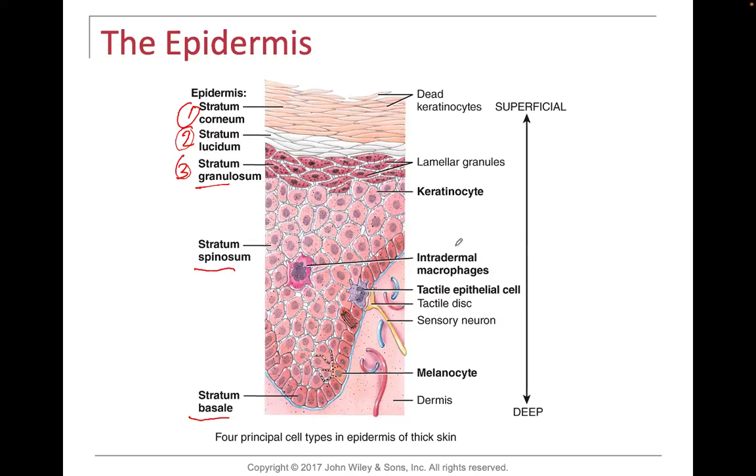You can see there's a variety of other types of cells throughout those layers. We have melanocytes, tactile epithelial cells, macrophages, these immune cells, and the most abundant, of course, the keratinocytes.